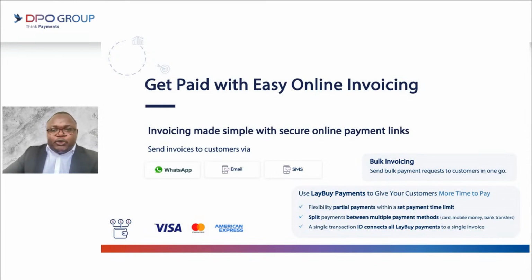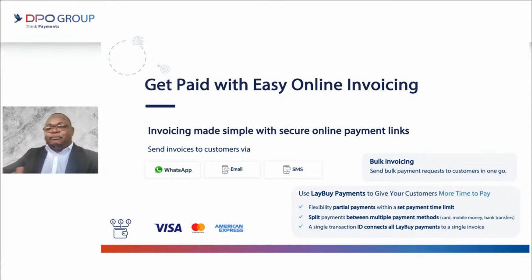Through the DPO solutions, we enable you to get paid with easy online invoices. As you can see, on the major social media platforms, such as WhatsApp, we enable you to send links. We enable you to send secure payment links via email and via SMS. And if you are a merchant or a business that sends high-value invoices or processes high-value transactions, our solution enables you to send a link to your customer, who then chooses how they want to pay and what currency they want to use.